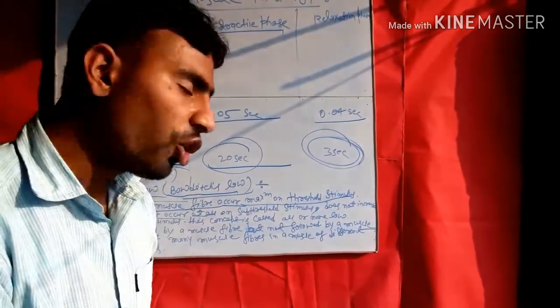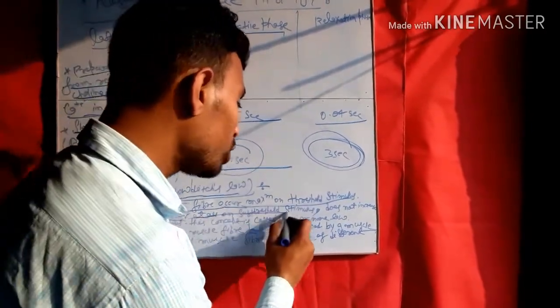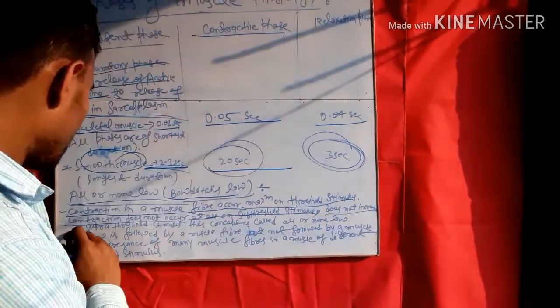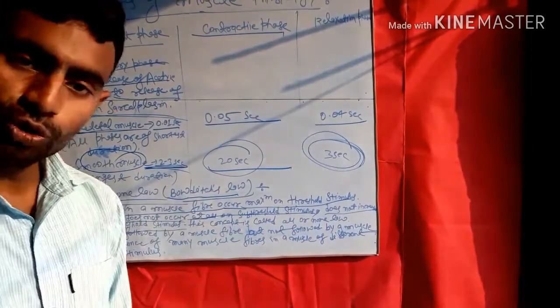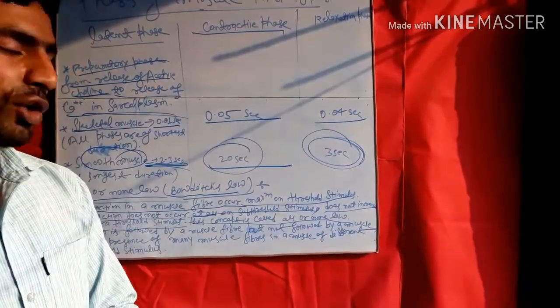Contraction does not occur at all on subthreshold stimulus and does not increase on suprathreshold stimulus. This concept is called the all or none law.